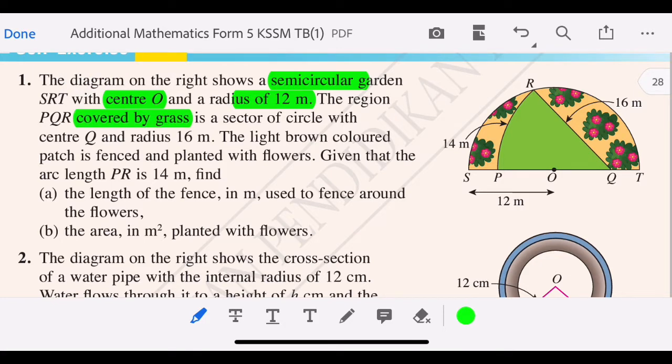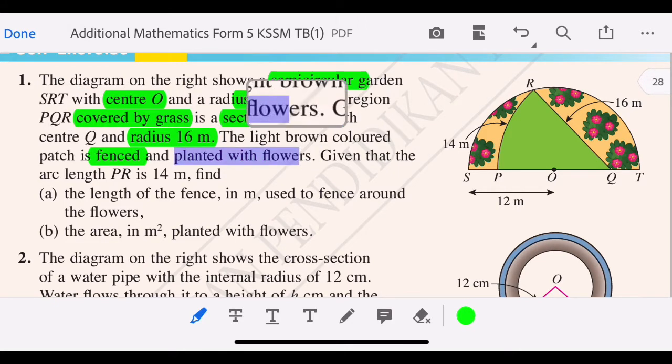The one in green color is covered by grass and is a sector of the circle with center Q and radius 16 meter. The light brown part is fenced and planted with flowers.